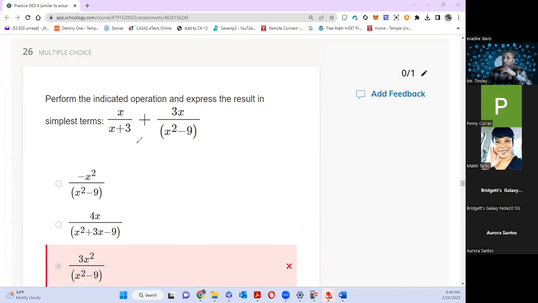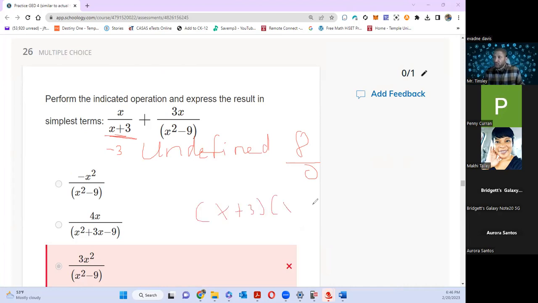Let me show you, because it's very important to know this. If I know what undefined means, that means my denominator cannot be 0. So the opposite of plus 3 is minus 3. So you can't use minus 3 and store it as x and get an answer. Why? Because it would be undefined. So that second denominator was x plus 3, x minus 3.